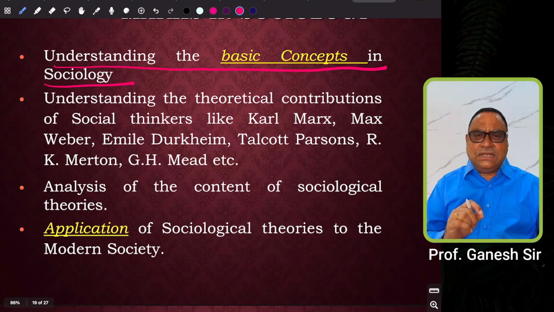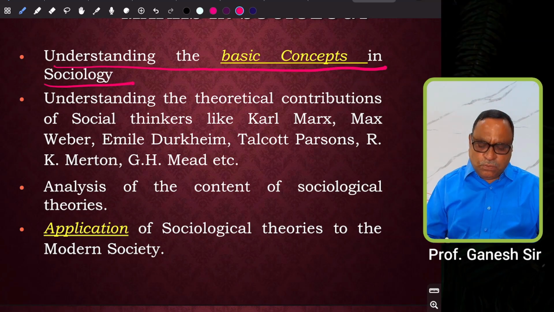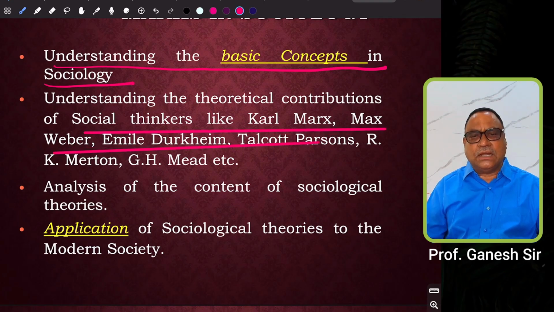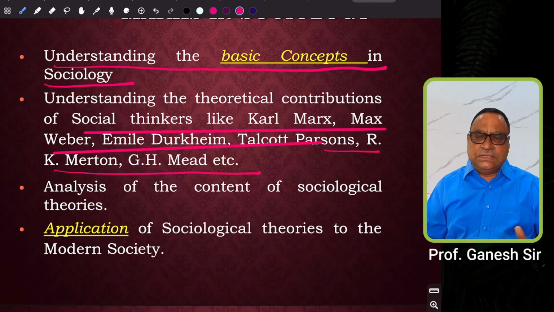Secondly, understanding the theoretical contributions of social thinkers like Karl Marx, Max Weber, Emile Durkheim, Talcott Parsons, R.K. Merton, and G.H. Mead. According to the syllabus, there are topics related to these six thinkers. Each thinker has contributed by propounding a sociological theory related to human society.